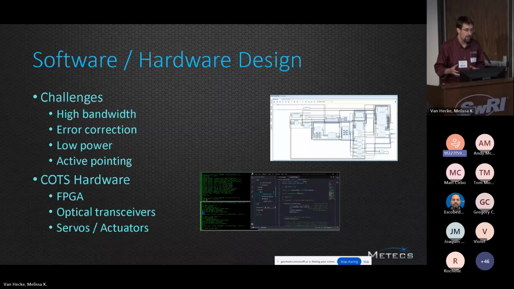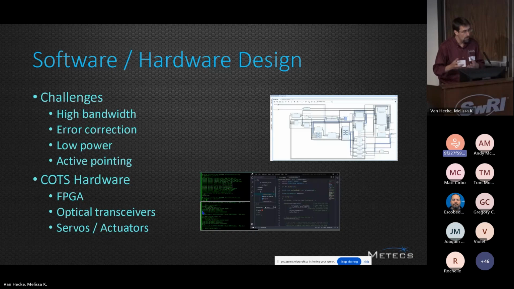So you have variable delays, just like an RF system, but you have a high bandwidth latency issue, kind of depending on where you're going. So if you're going deep space, you've got more of a latency issue. If you've got a LEO satellite, you've got more of a high bandwidth situation there.